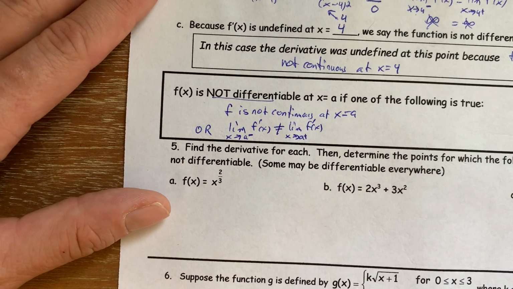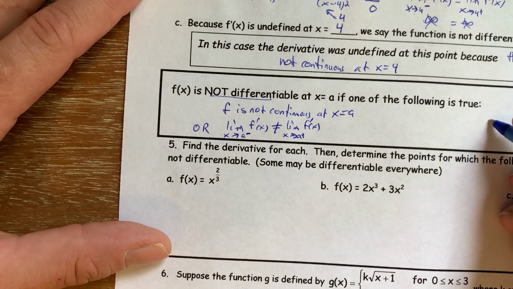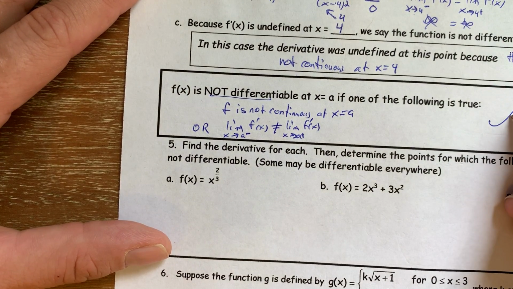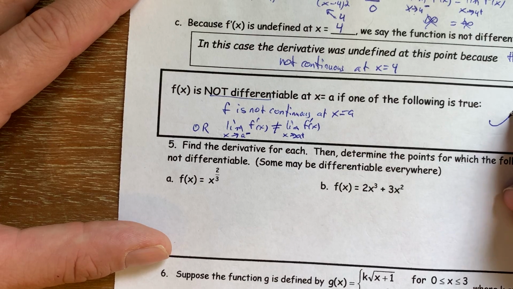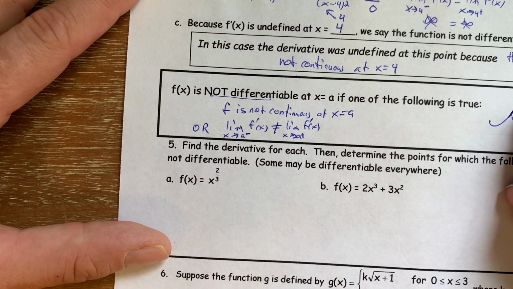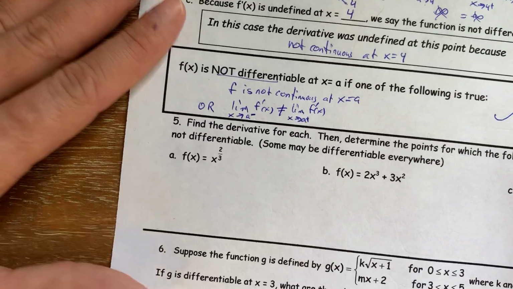So there's two things that have to be true, and if either one of them is not true, it's not differentiable. The function has to be continuous, it has to meet up, but also the limit from the left and the limit from the right must be the same. And here, this function would not be differentiable because the limit from the left is positive and the limit from the right is like 0, and so they wouldn't meet up.